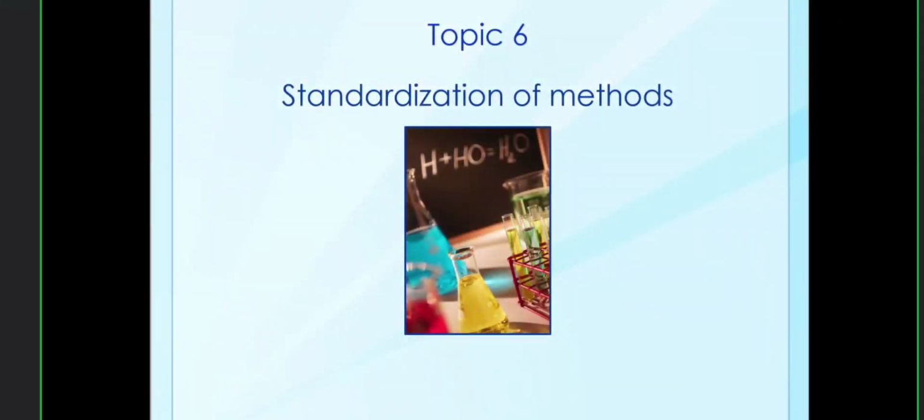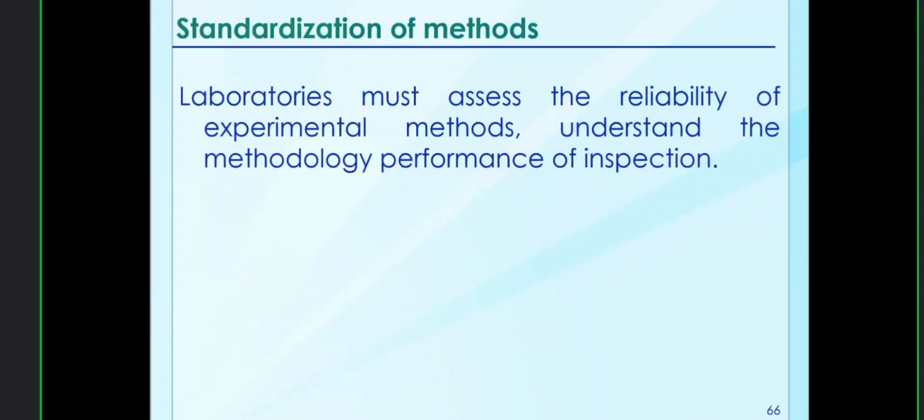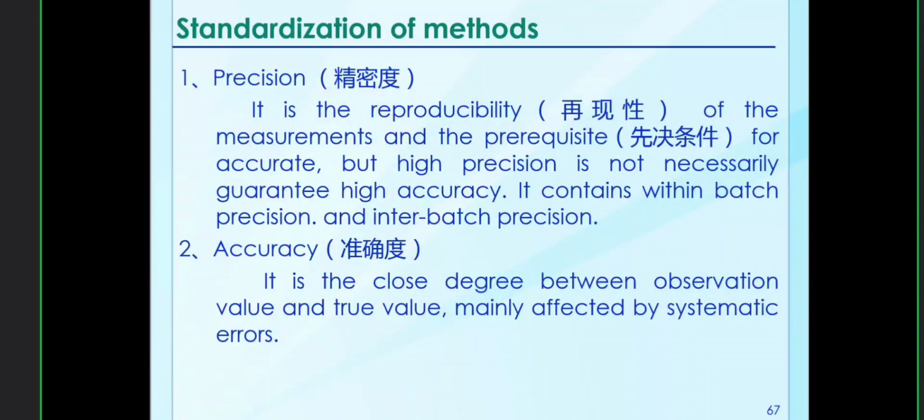Next topic is about the standardization of the methods. Laboratories must assess the reliability of the experiments methods, understand the methodology, performance of the testing. So here are some concepts about the standardization of the methods. First one is precision.